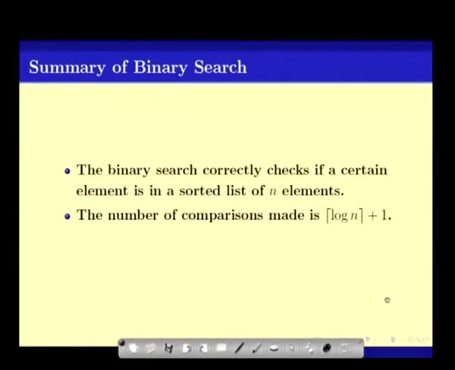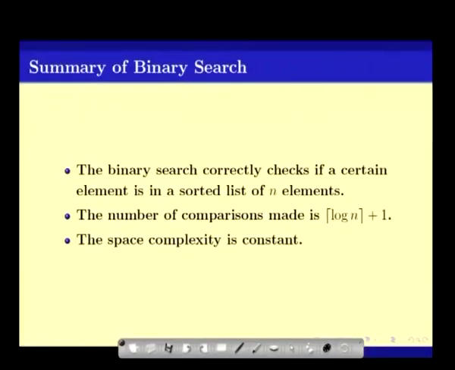And so, after log n steps, this algorithm will stop, and in every round of this while loop we make only one comparison. So, it is log n plus 1 steps, and the space complexity is constant, because all we are using is to maintain L and U.